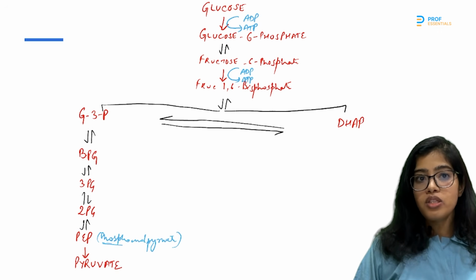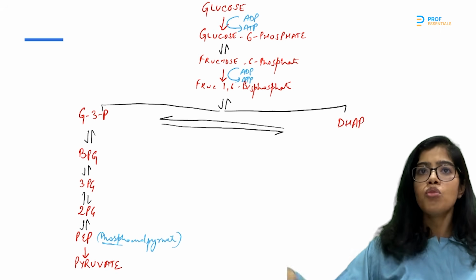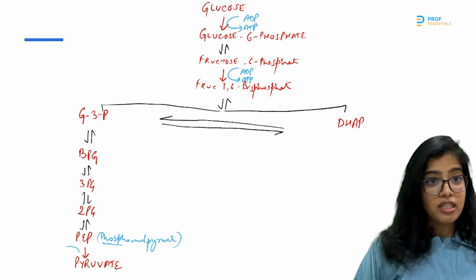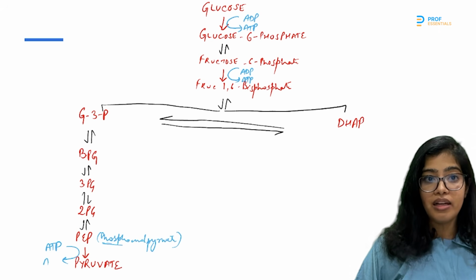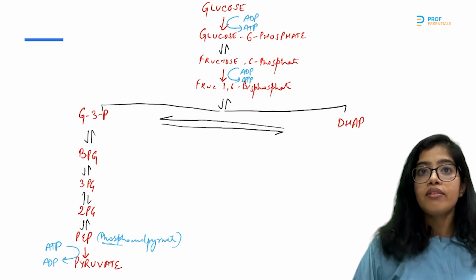Now here, from phosphoenol pyruvate, we are forming pyruvate. So phosphate is getting removed. Here also kinase enzyme will be there, but phosphate is getting removed. So the stored ATP will be released. Got it? The stored ATP will be released.